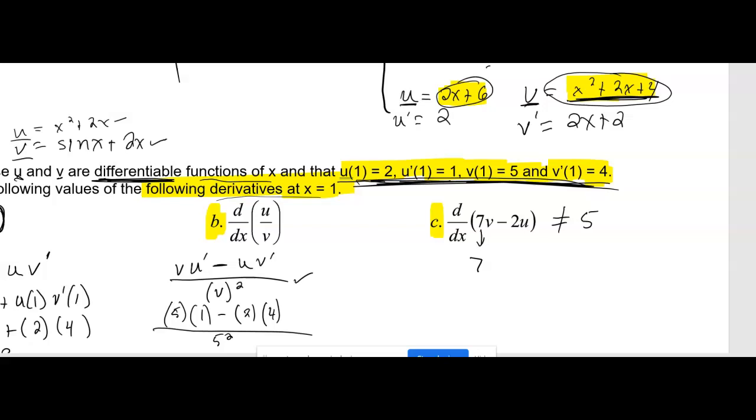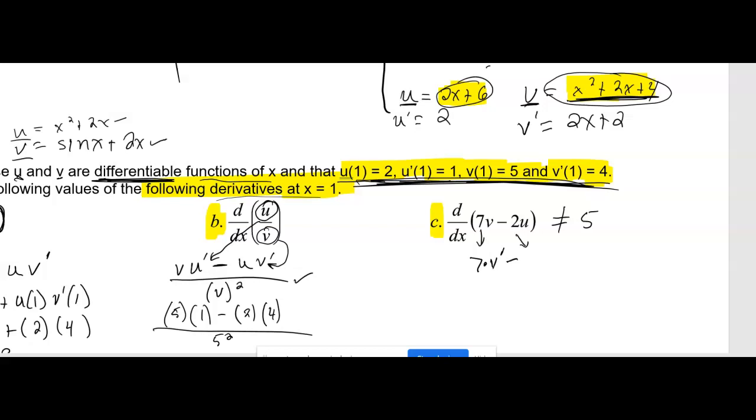And then just like over here, when we did the derivative of v, didn't we write a v primed? And whenever we did the derivative of a u, didn't we just write a u primed? It's the same here. So the 7 drops, and we're just going to multiply that by the derivative of v, whatever that might be, because we don't know.